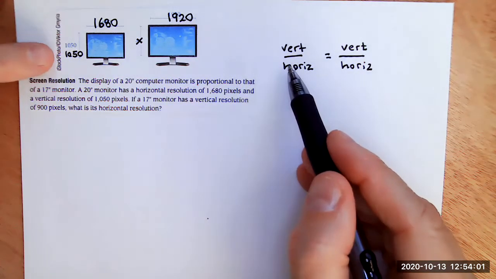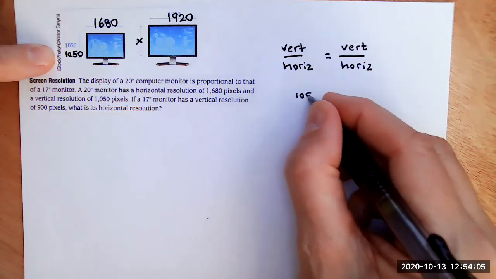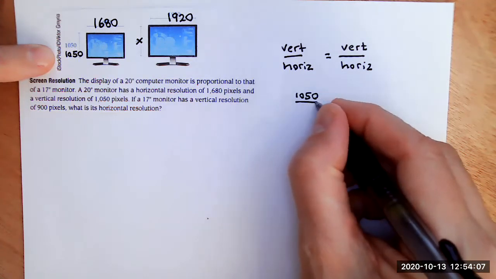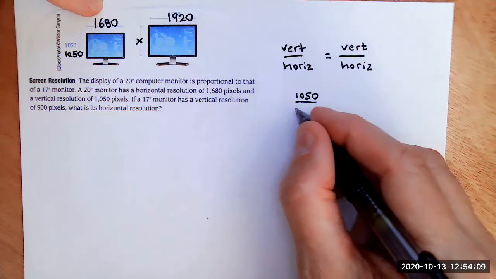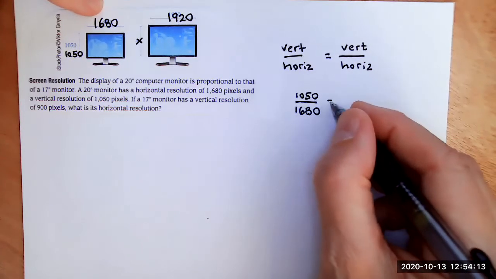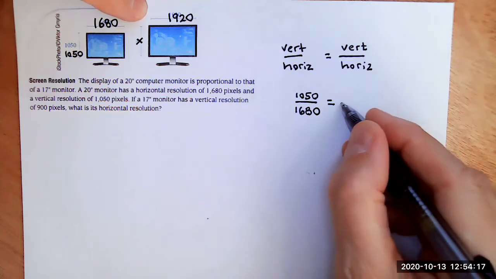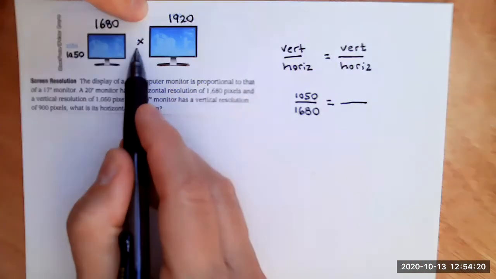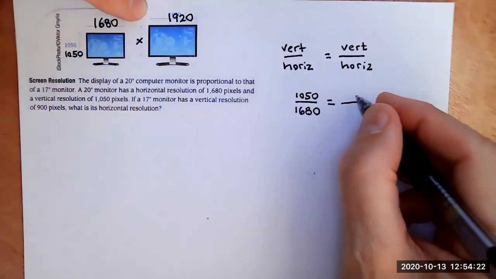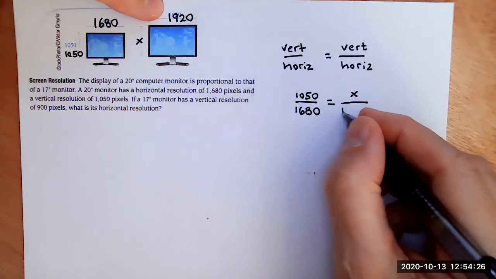So for the smaller monitor, the vertical pixels are 1,050 and the horizontal pixels are 1,680. For our larger monitor, we're looking for the vertical pixels, so we'll use X, and the horizontal pixels are 1920.